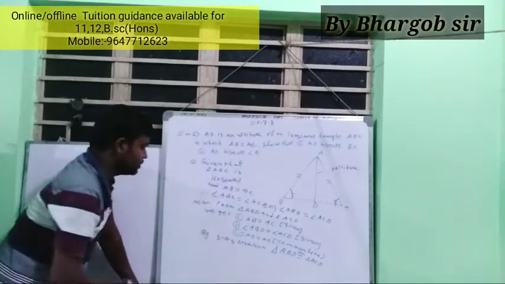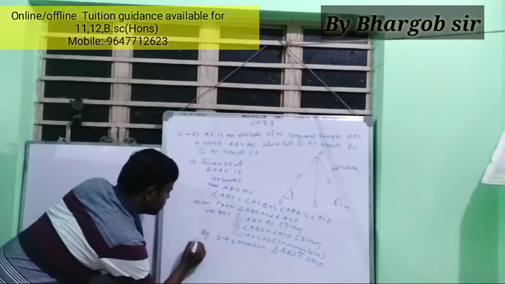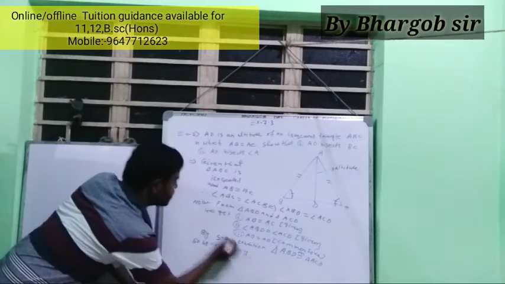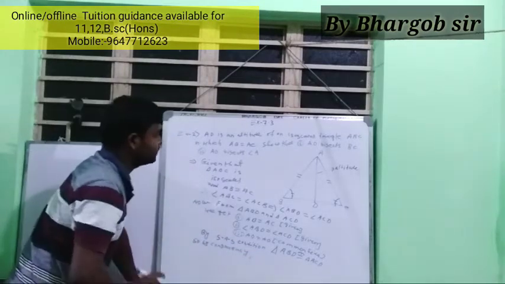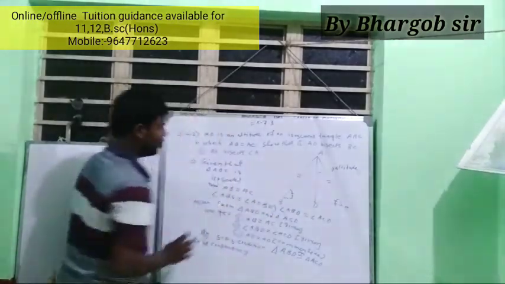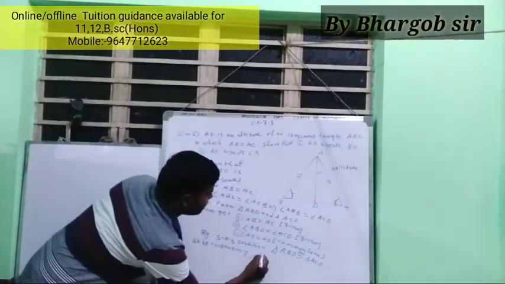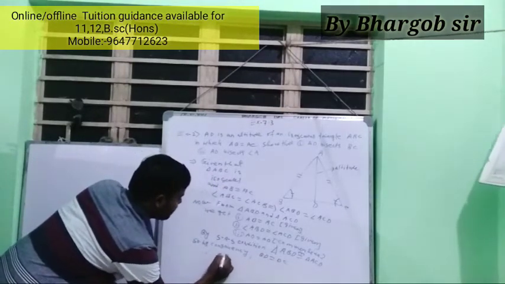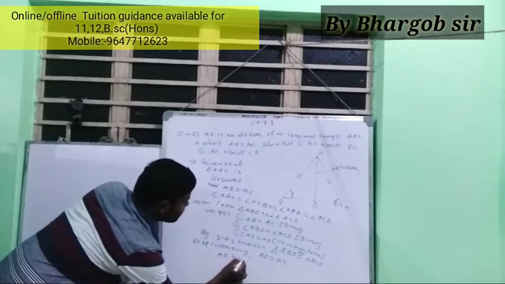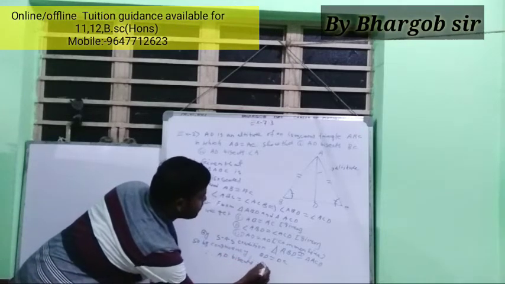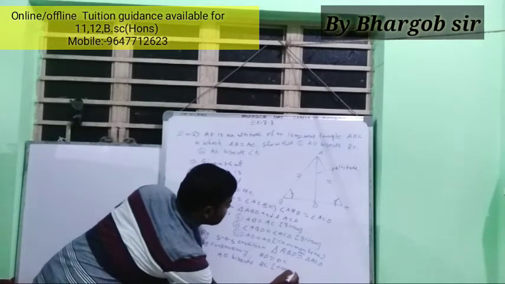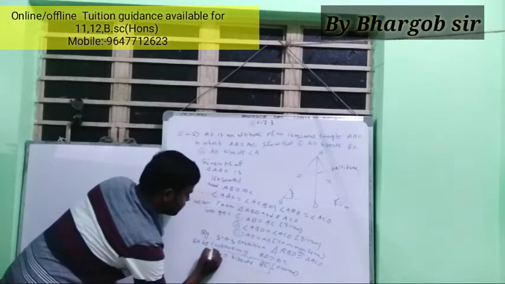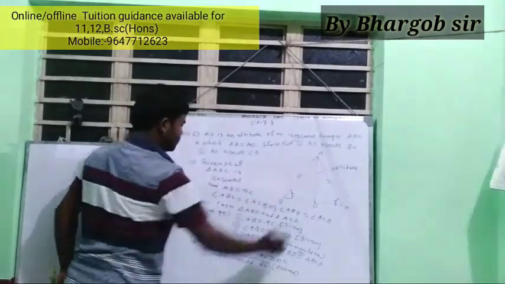By the congruency, we write this side and this side are equal: BD equal to DC. Therefore AD bisects BC. Proof. This is the first proof.